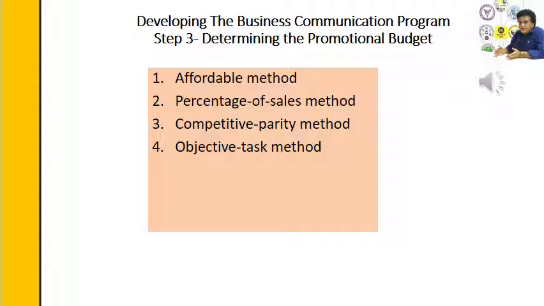Third is the competitive parity method. Big organizations use this. If there is a big company which is making escalators, or let us say industrial gases, and there are other competitors who are equally big and they are using X amount of money on business communication programs, then you will also use a similar amount of money. How do you calculate what the competitor is using?